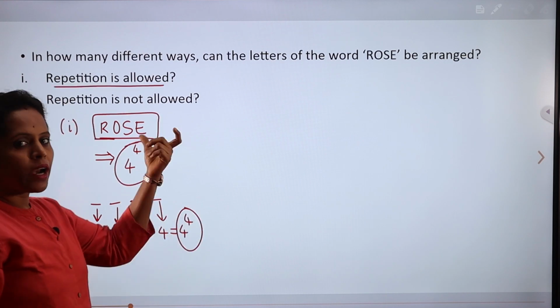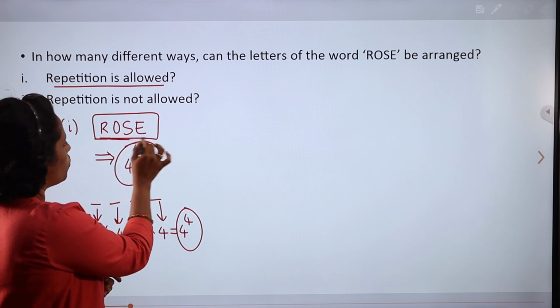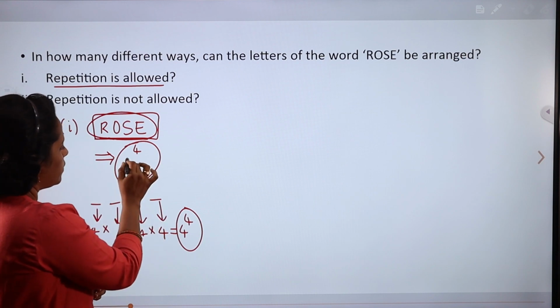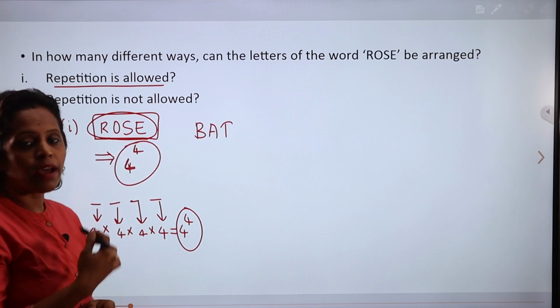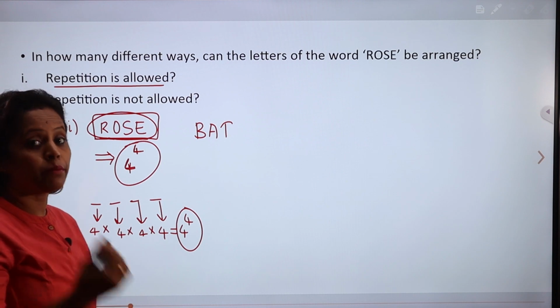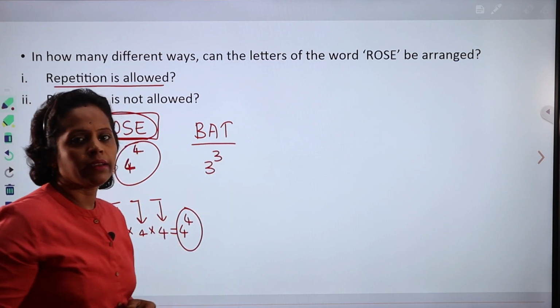Whenever in the exam you are asked such a question where repetition is allowed, just go with the number of letters in that word, that is 4, to the power of the same number. If I am given the word BAT and I need to form 3-letter words where repetition is allowed, what will my answer be? 3 power 3.